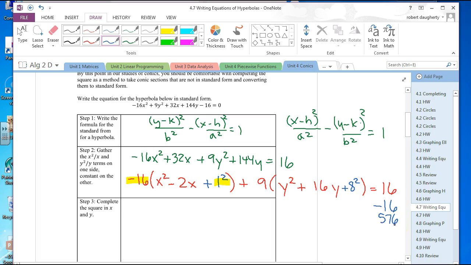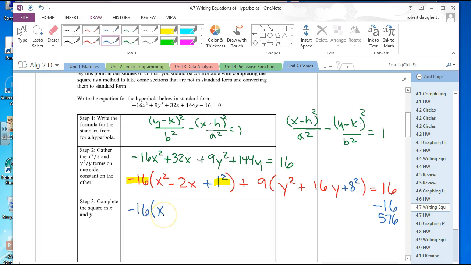So these are real crucial steps in completing the square. Take your time, slow down, and realize, yeah, you just added 1, but you really subtracted 16. It looks like you added 64, you really added 576. Do the same things on the right side of the equation. So this becomes negative 16. Now what is this?